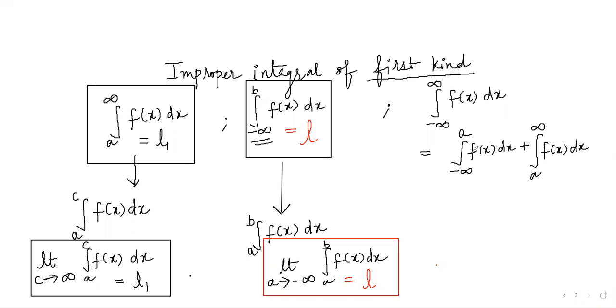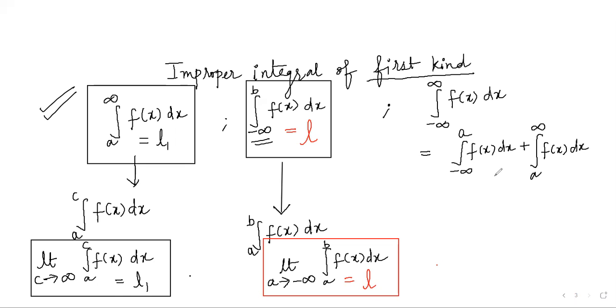For this first integral, we will be using the approach which we have discussed in the second case. And for this second integral, we will be using the first approach. And if both of these integrals exist and we are getting these limits as finite, then the sum will exist, the sum will be finite, and this improper integral will also exist.